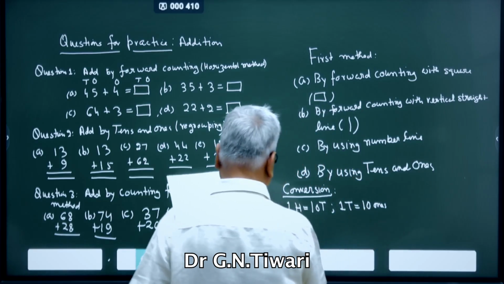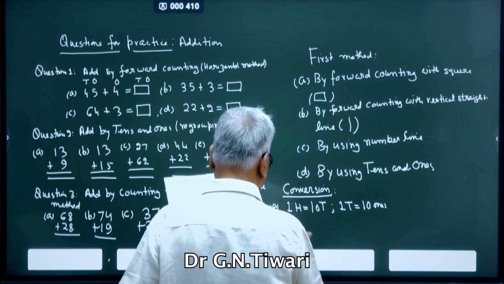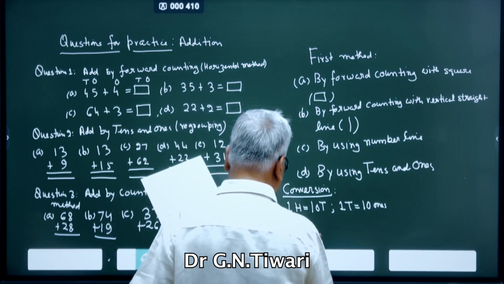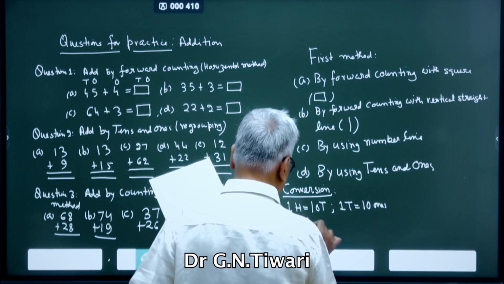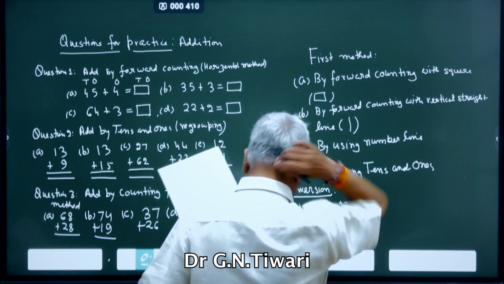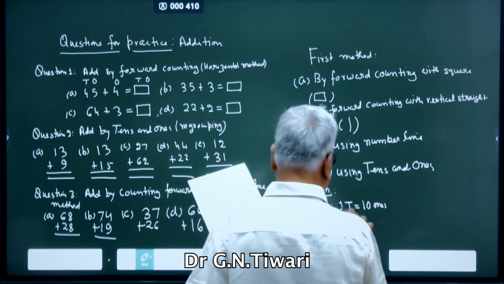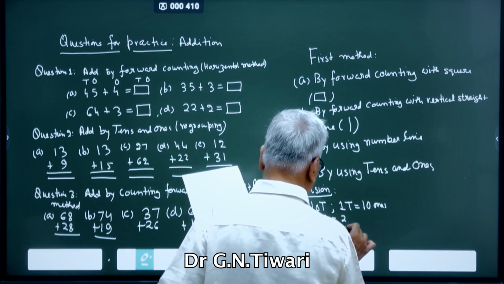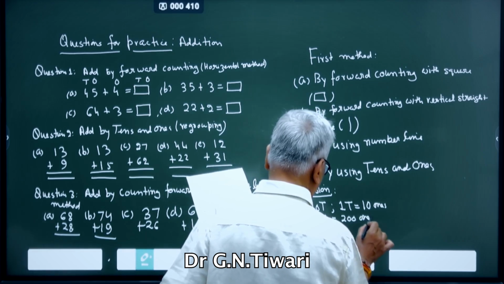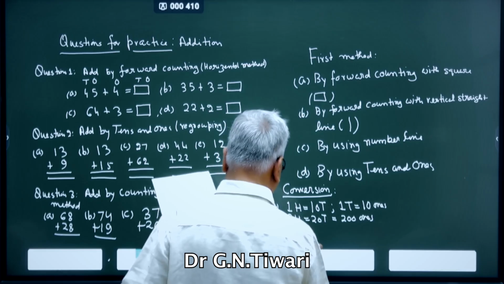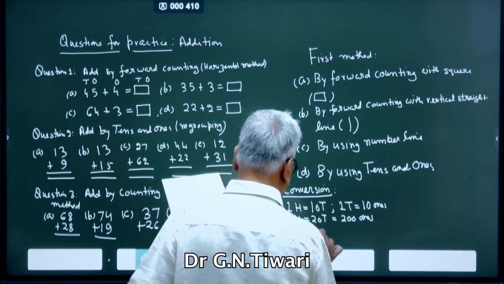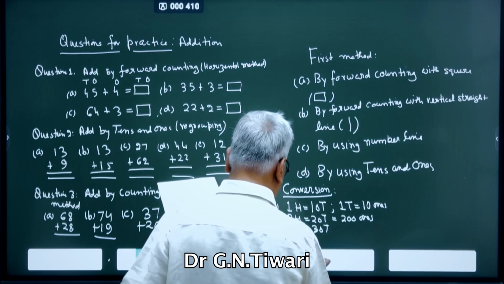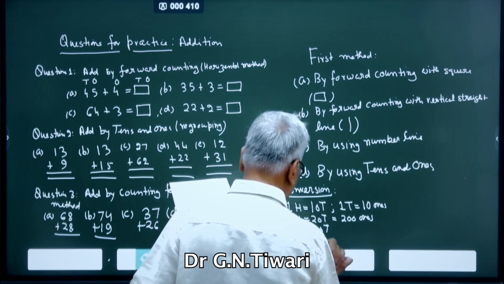Very, very important conversion. 2H means 20T, and since 1T is equal to 10 ones, it can be 200 ones. 3H is equal to 30T, 4H is equal to 40T.